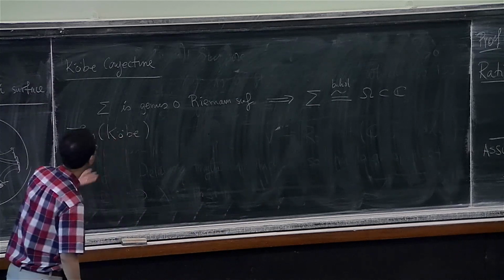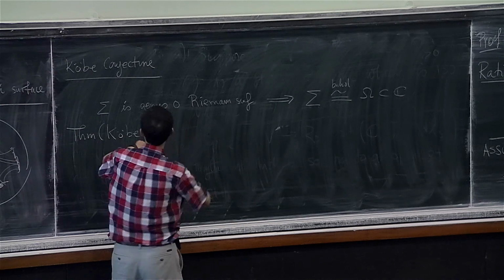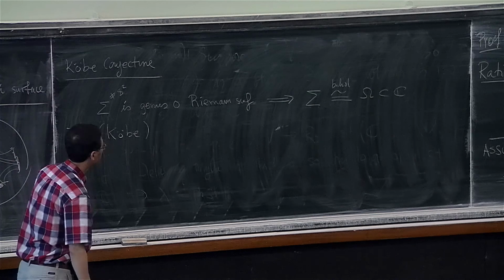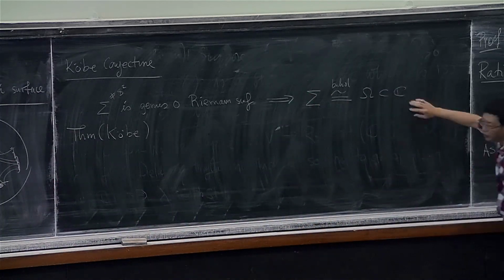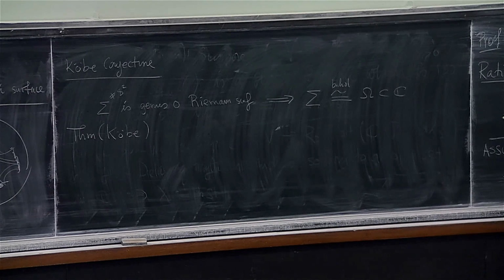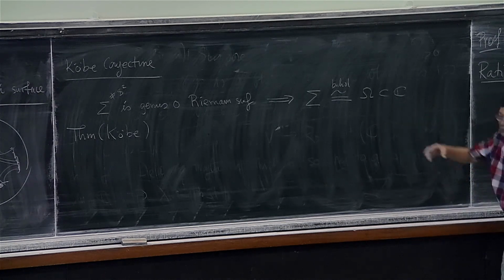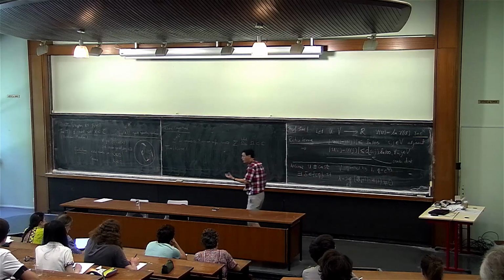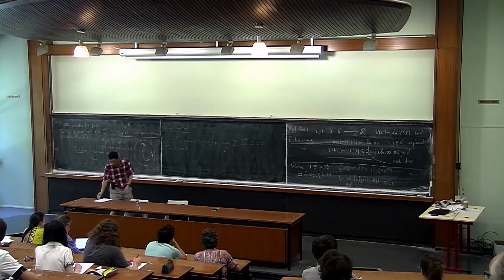So in case it's simply connected, non-compact, it's going to be C or the disk D. But what about if it's not simply connected, a surface of genus 0? We know it's this open set. Can we make this open set unique in some way, so you can realize these Riemann surfaces in some canonical way?